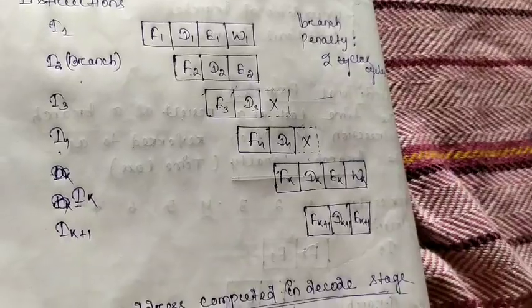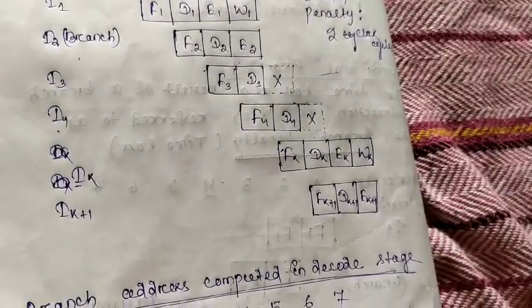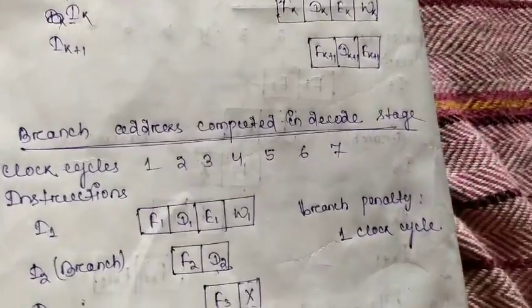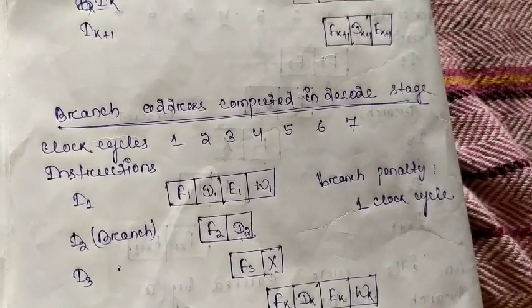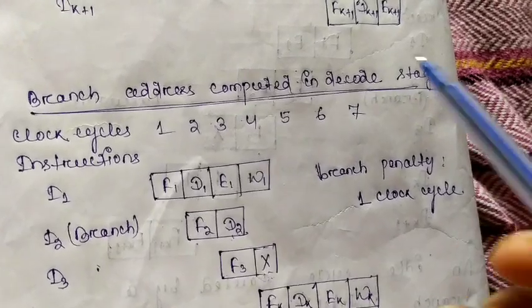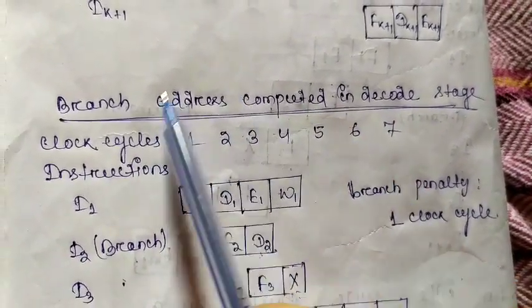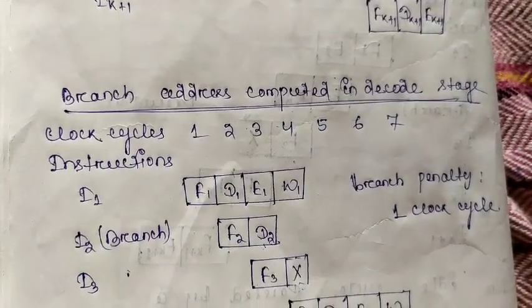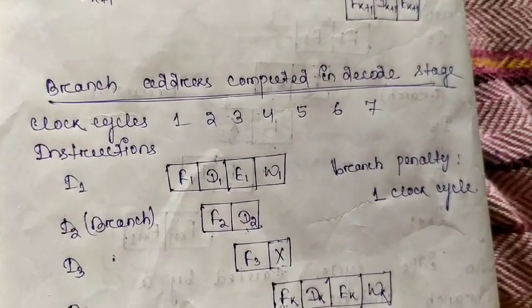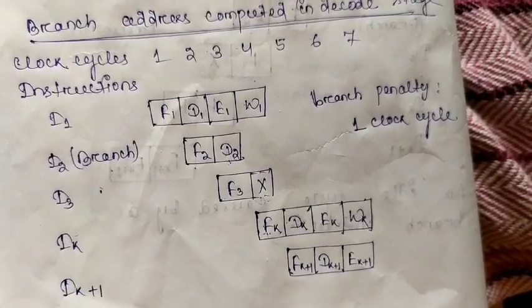But the clock cycles lost due to the branch instruction can be reduced by computing the branch address in the decode stage. So this is all about instruction hazards. Thank you.